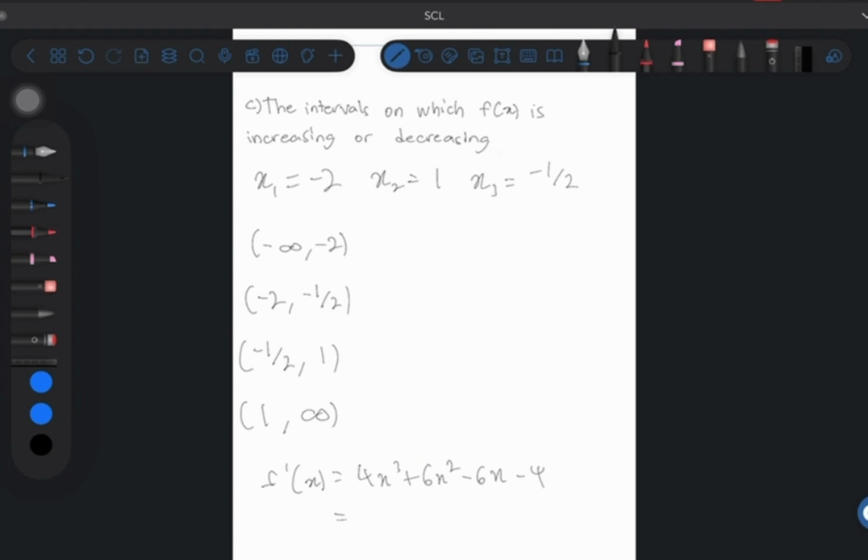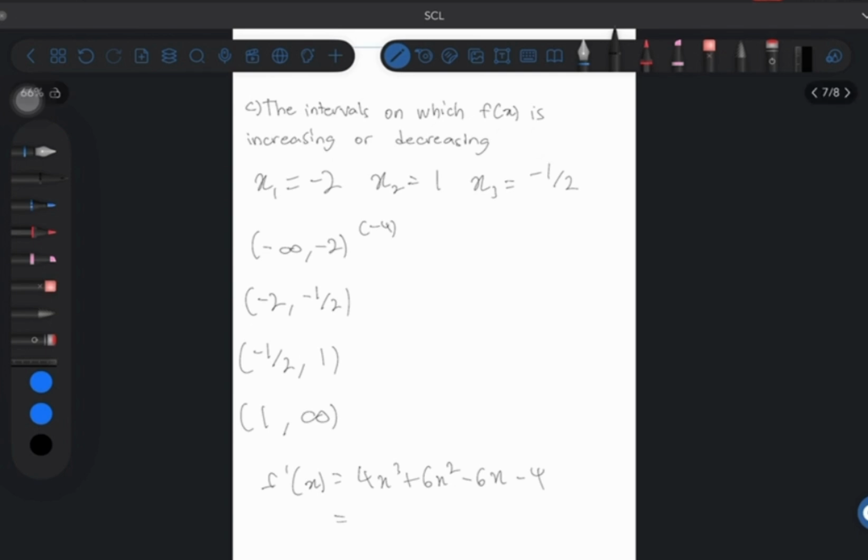For the first interval, I'm going to test with -4 first, and substitute it into the first derivative equation. So 4 times (-4) cubed plus 6 times (-4) squared minus 6 times (-4).